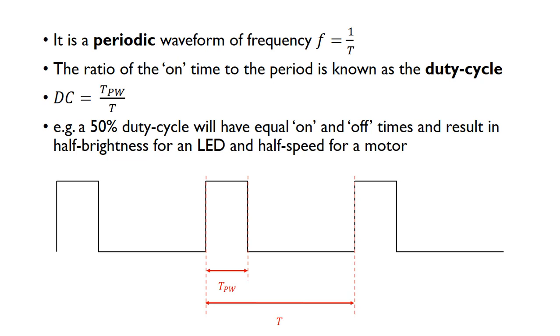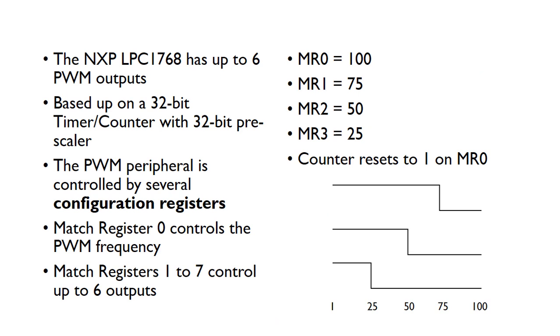For example, the on time we could also call T on, and this T off. If we had a 50% duty cycle, we'd have equal on and off times. If you connected that up to an LED, the LED would look like it was at half brightness, and the motor would be running at half speed.